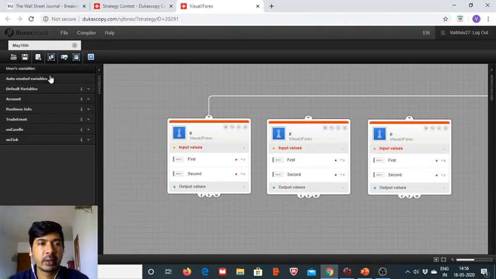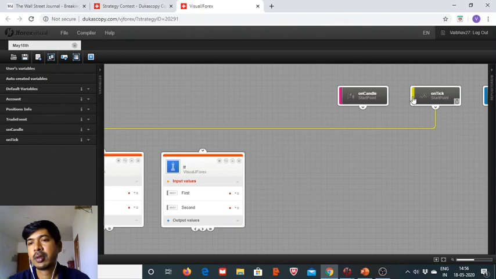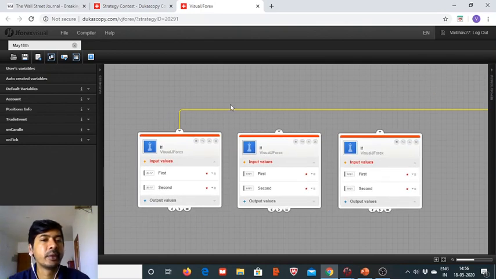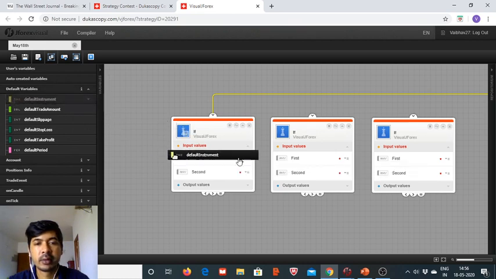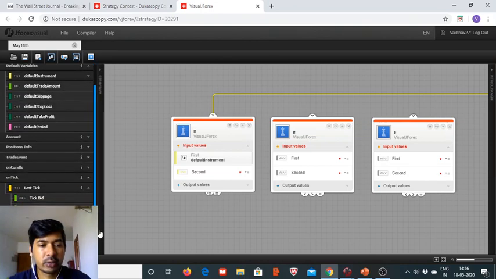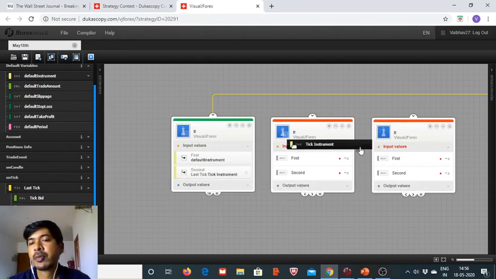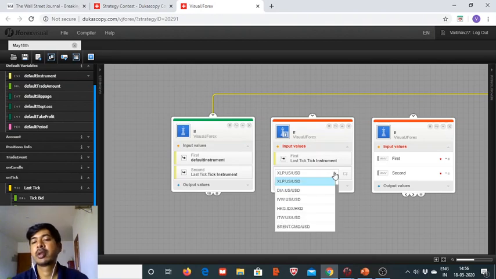Now we will also color code this yellow. Okay. So now we take the default instrument, and the default instrument should match the tick instrument, and the tick instrument should match the instrument which we will be defining, and that is going to be EUR/USD.